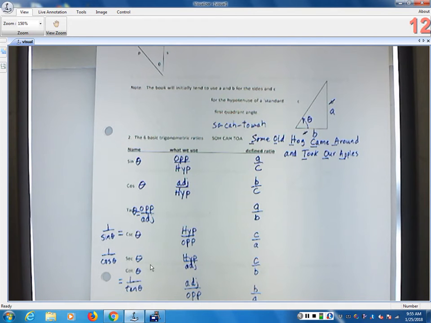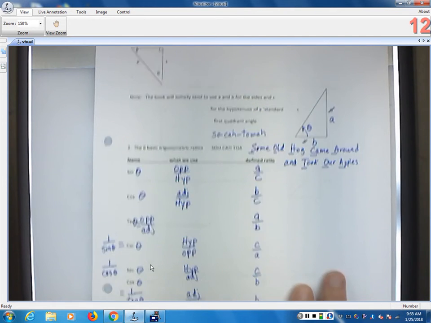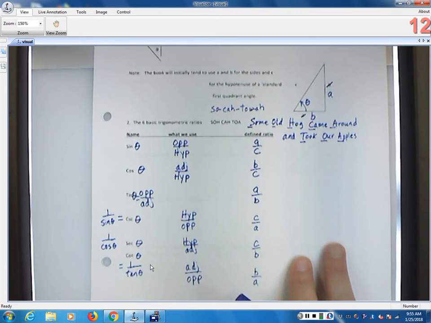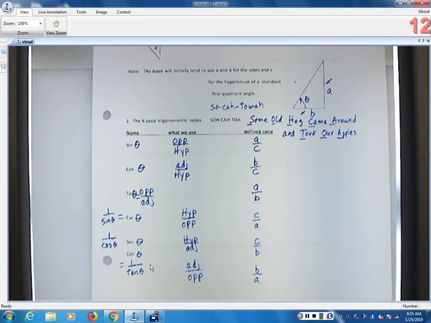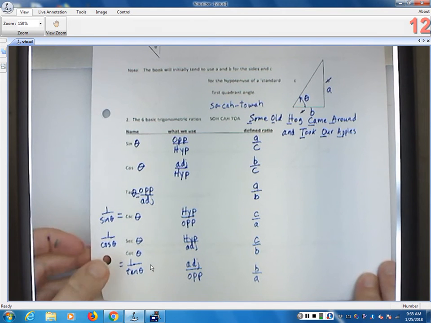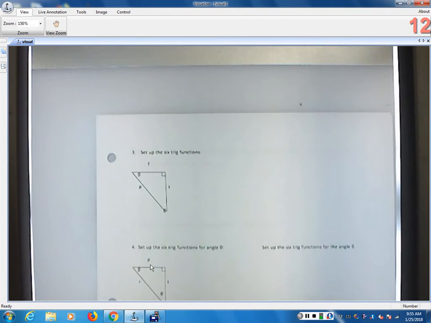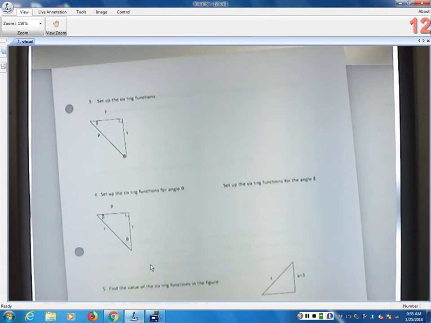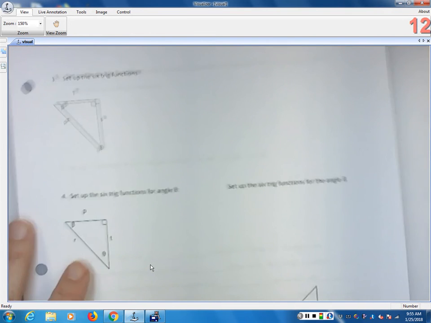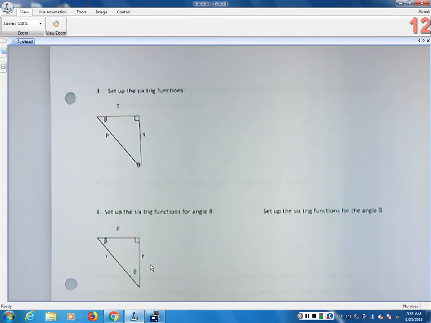And we're talking about a standard first quadrant angle. Okay, so next page, we're just going to set up the 6 trig functions. I said you should practice this at home.